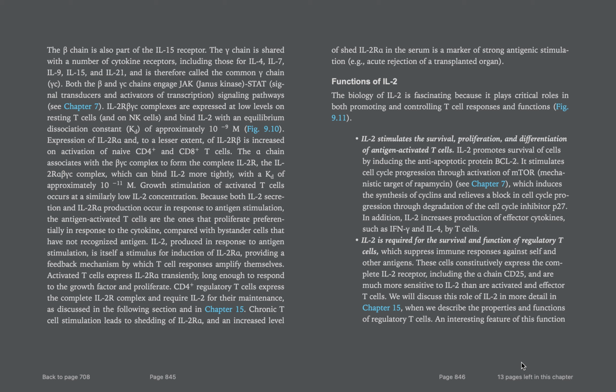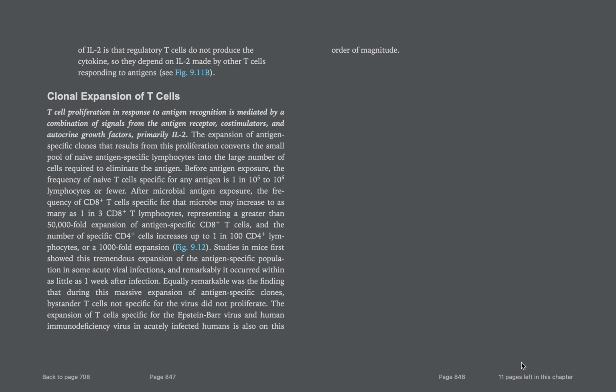We'll discuss this role of interleukin-2 in more detail in chapter 15 when we describe the properties and function of regulatory T cells. An interesting feature of this function of interleukin-2 is that regulatory T cells do not produce cytokines, so they depend on interleukin-2 made by other T cells responding to antigen.